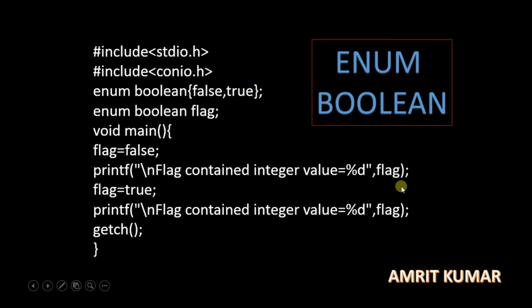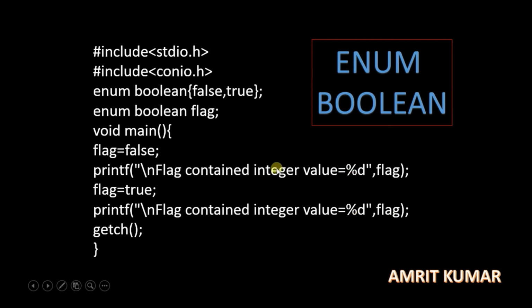With the assignment of false to the flag, I am printing the value of flag in %d, which is an integer format specifier, and with true, I am assigning the true value into the flag and printing the flag value here in integer form.